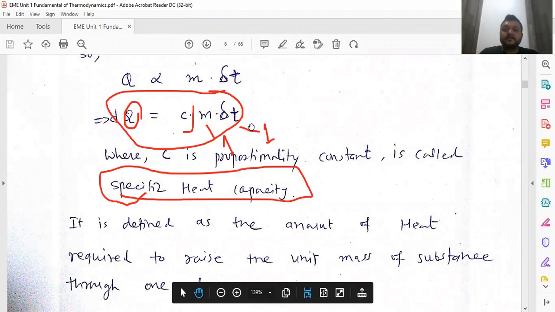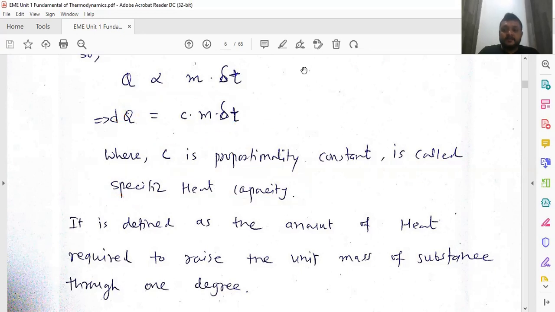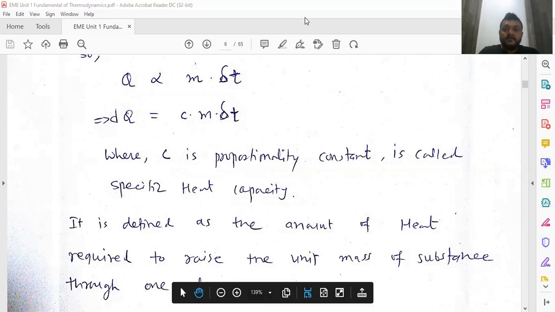So specific heat capacity is nothing but the heat energy when your mass is unit and temperature difference is also unit.